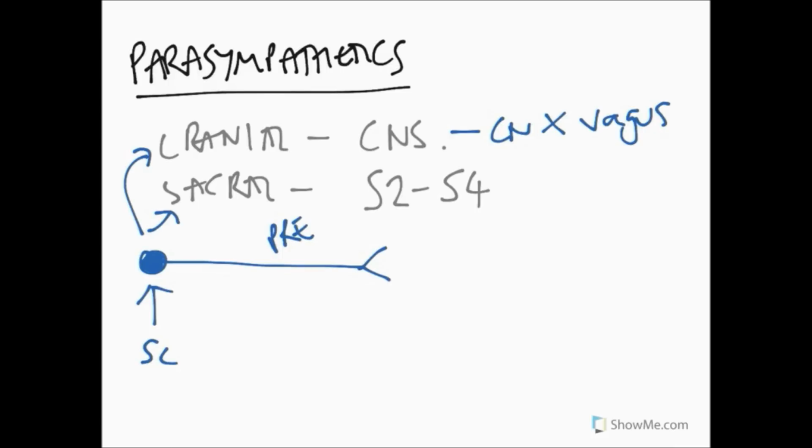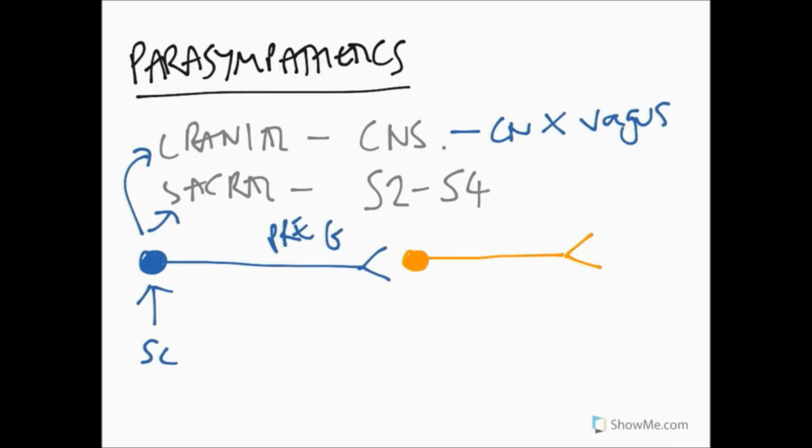However, this preganglionic neuron is still a preganglionic neuron, and it still connects to a postganglionic neuron, and the postganglionic neuron here resembles much what it was with the sympathetic nervous system.